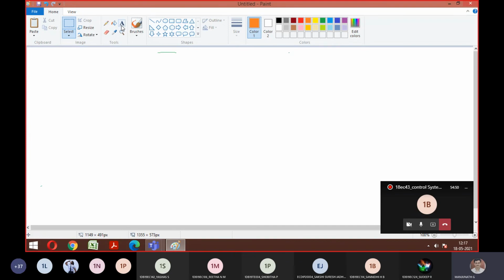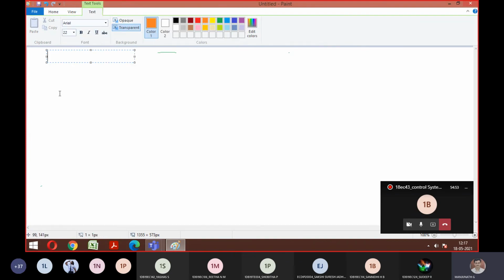So the second point: who introduced this? It was developed by a scientist called Mason. S. J. Mason, if you want the initial also you can add. S. J. Mason was the person who developed the signal flow graph. Later on, we are going to use a formula called Mason's gain formula.